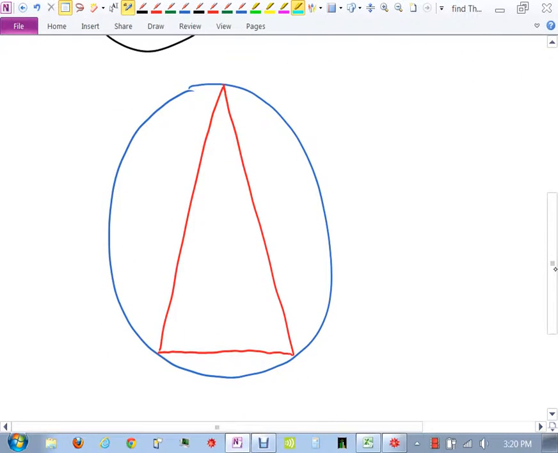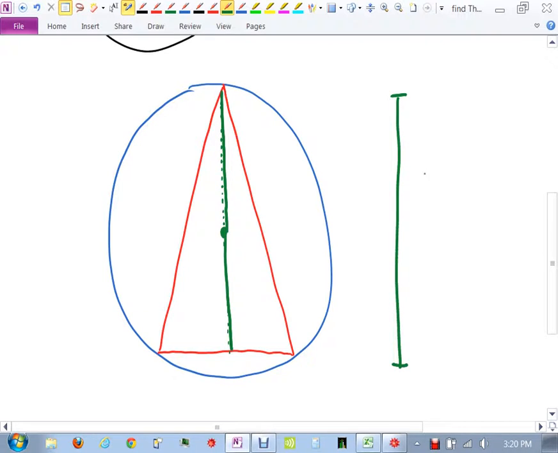Let me take you the rest of the way. Here's the center of the circle, right? Now, we know that the distance from the center to the bottom of the triangle to the top of the triangle, that green dotted stuff, which now I'll make green solid, is h. Agreed?